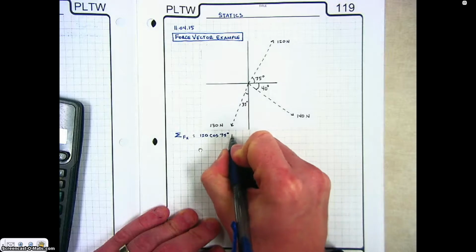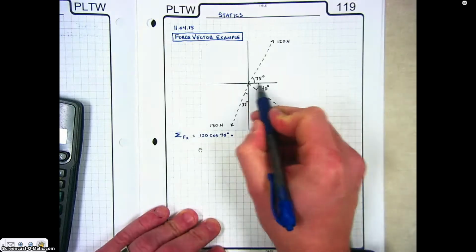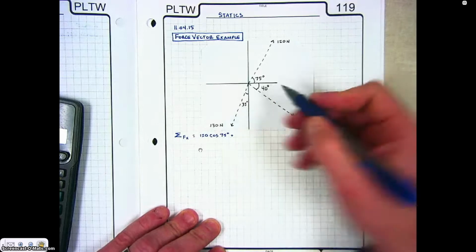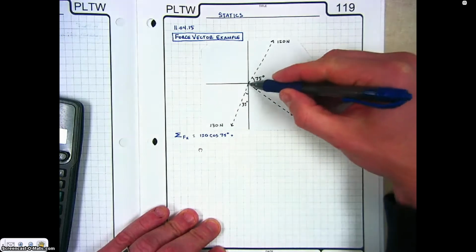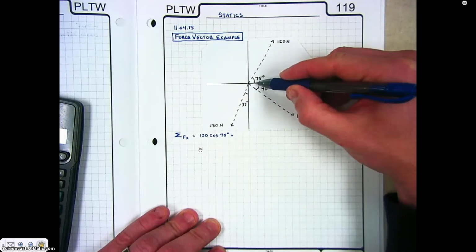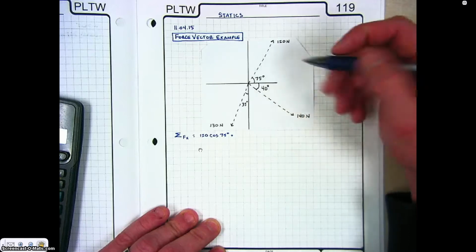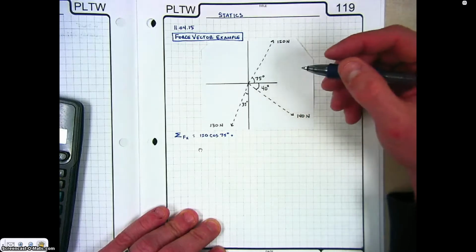We're going to add that to the next, because it's the x direction and cosine is adjacent over the hypotenuse, and the adjacent is the x, so that's why we're using cosine. All right?